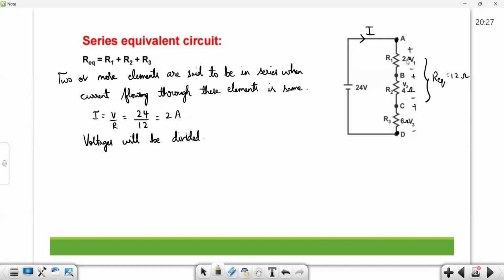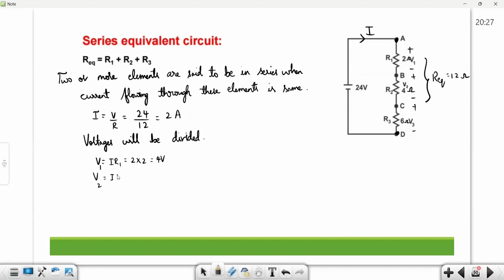Here, you can directly tell V1 is equal to I into R1. What will be the answer? I is equal to 2 amps, R1 is equal to 2 ohm. So V1 will be I into R1, which is 2 into 2, equal to 4 volts.